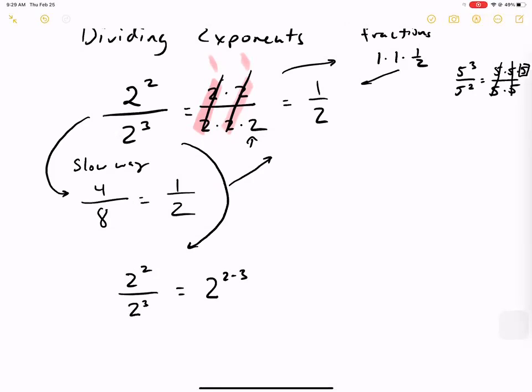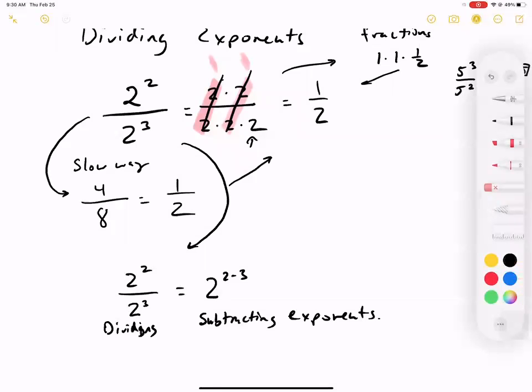If I am dividing powers, we are subtracting exponents. Dividing means subtracting exponents.